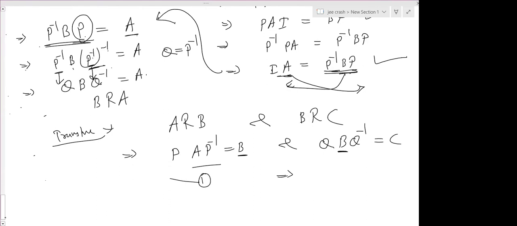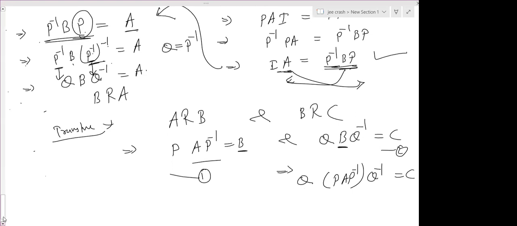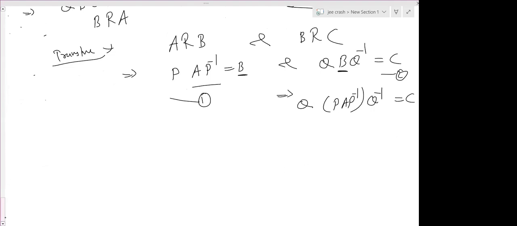This is equation 1, this is equation 2, put it here. So Q times the value of B, which is P A P inverse, and then Q inverse, equals C. This step is clear, all of you? Yes, sir. So this becomes Q P A P inverse Q inverse equals C.